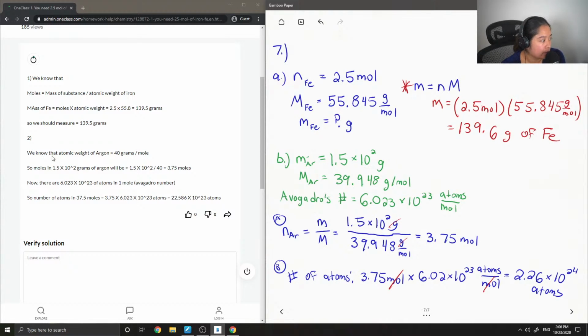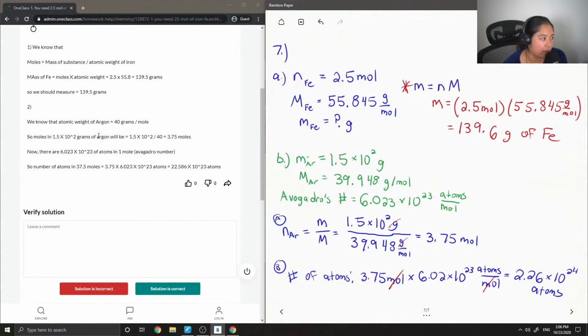Part 2, we know that the atomic weight of argon is equal to 40 grams per mole. So moles in 1.5 times 10 to the 2 grams of argon will be 1.5 times 10 to the 2 divided by 40, which is equal to 3.75 moles. Now there are 6.023 times 10 to the 23 atoms in 1 mole.